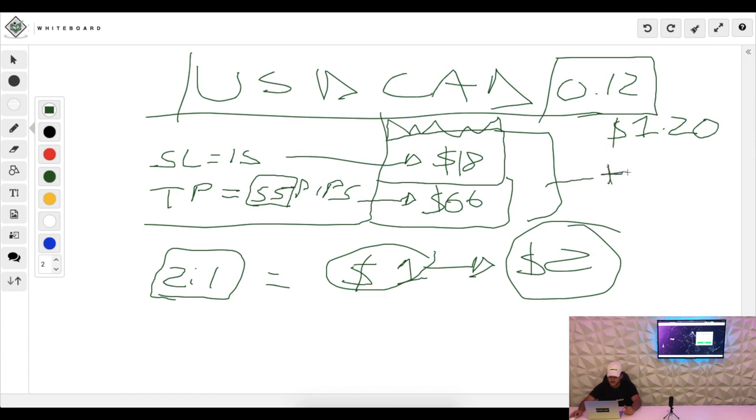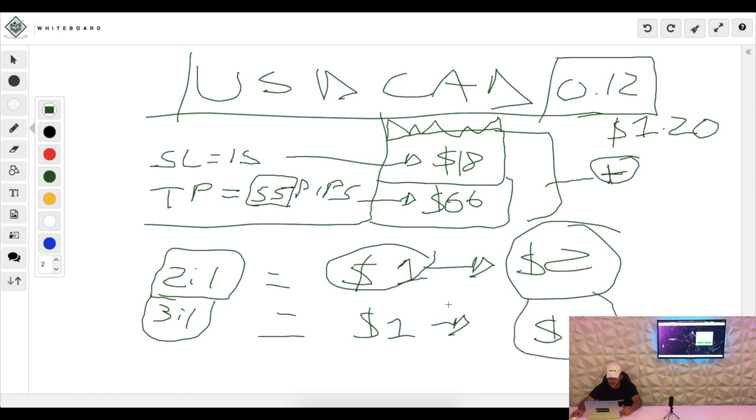We're going to figure out how much it is, but there's a 3 to 1, which means for each dollar you spend, you get $3 back. And so on. But we'll get to that when we talk about risk reward.